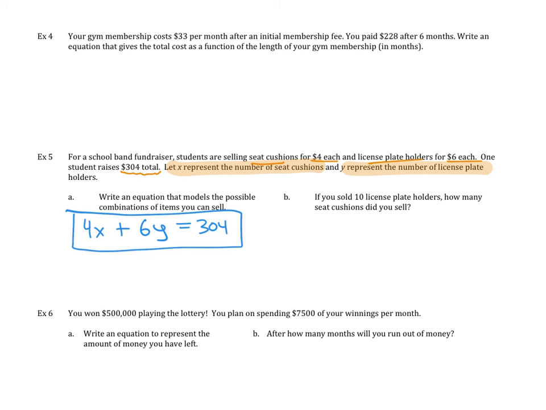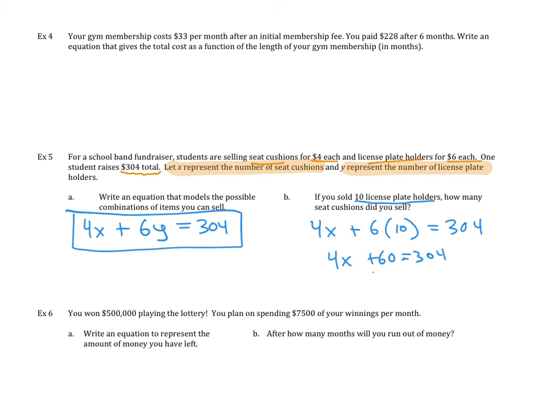And now, if we sold 10 license plate holders, that's y, right? So how many seat cushions did you sell? We could plug in 10 for the number of license plate holders. That's y. So 4x, we still don't know how many seat cushions, plus 6 times 10 equals 304. And then we solve this. 4x plus 60 equals 304.